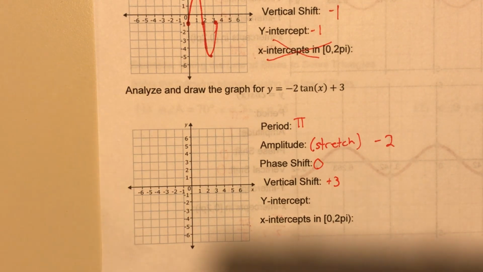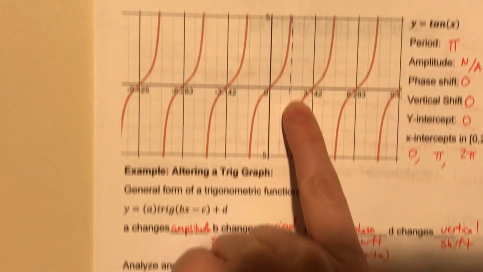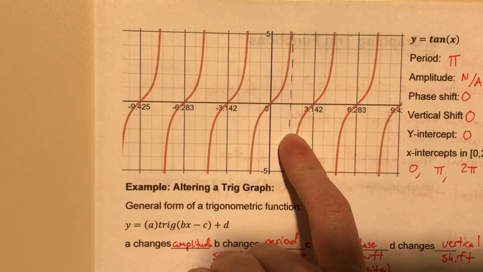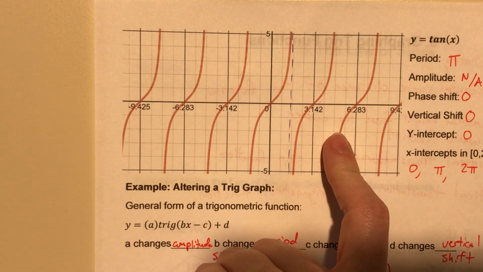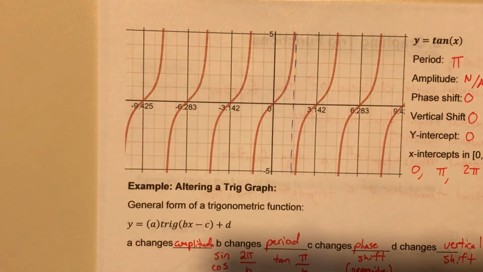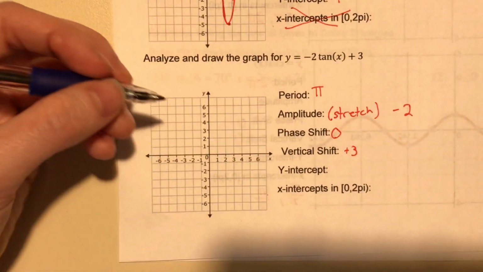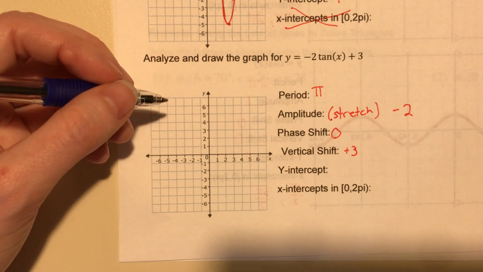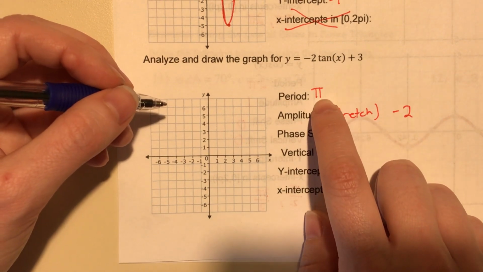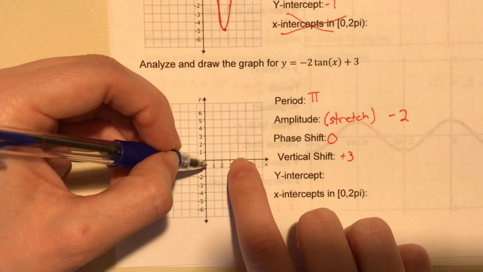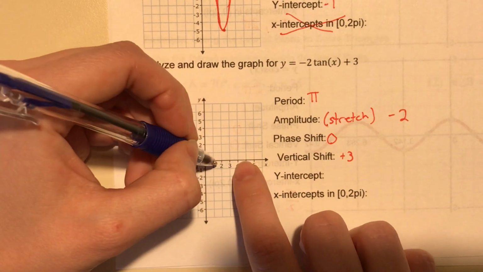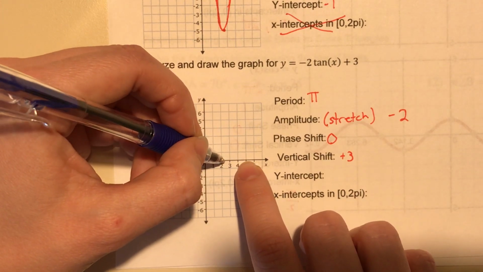So remember that with the original tangent graph, I had asymptotes at pi/2 and then 3 pi/2. I had asymptotes in various places. So I'm going to come down here and maybe I'm going to put in some asymptotes first. My period is the same. So I know that at pi/2, here's pi, so pi/2, I'm going to have an asymptote, okay?